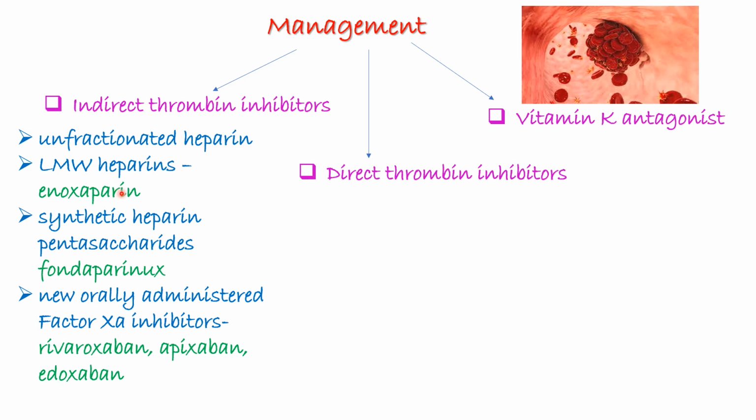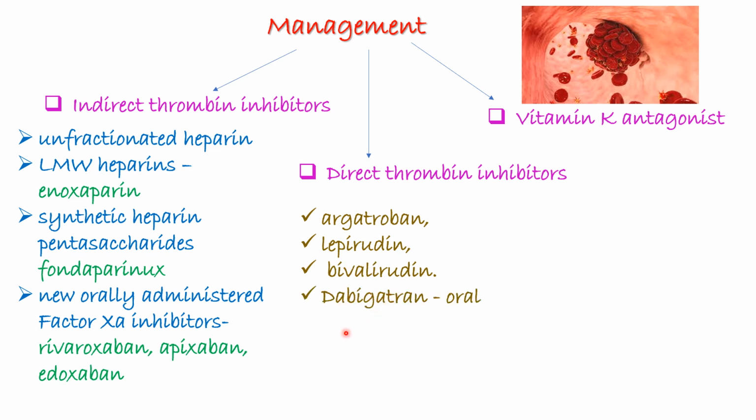And then lastly, under indirect thrombin inhibitors, we have the newer orally administered factor Xa inhibitors, and examples are rivaroxaban, apixaban, and edoxaban. These ones are not given in pregnancy. For direct thrombin inhibitors, we have argatroban, lepirudin, bivalirudin, and dabigatran.